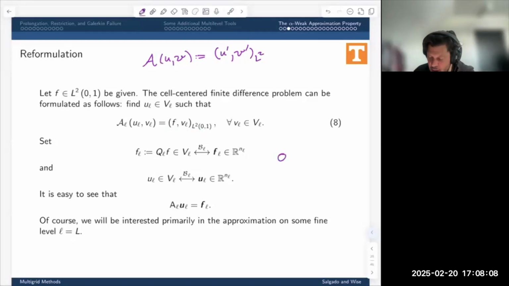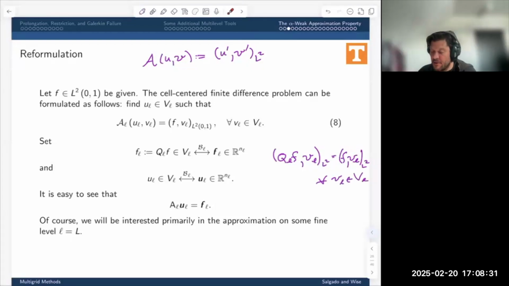I said Q_L f would have been defined as the function such that (Q_L f, v_L) equals (f, v_L) in L2 for all v_L in capital V_L.